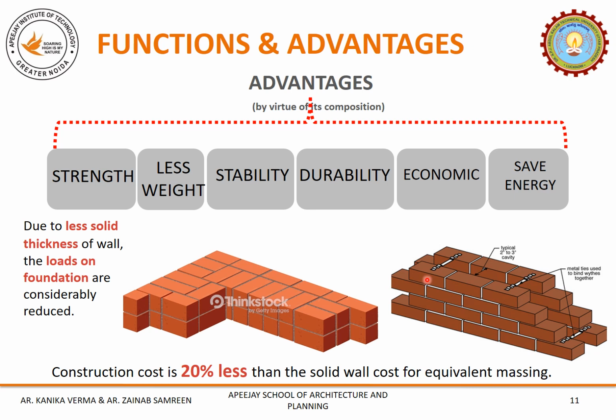Like, you can see the thickness of this solid brick wall is 1.5 brick, right? And the thickness of this cavity wall is also about 1.5 brick thick, since half brick of exterior wall, half brick of interior wall, and approximately half brick thick cavity is left here, right?